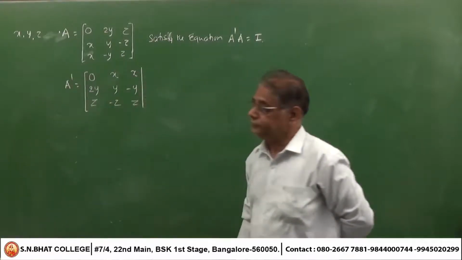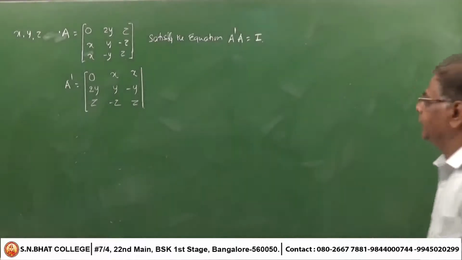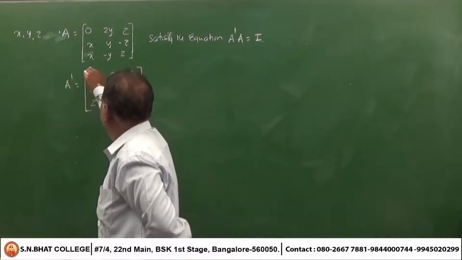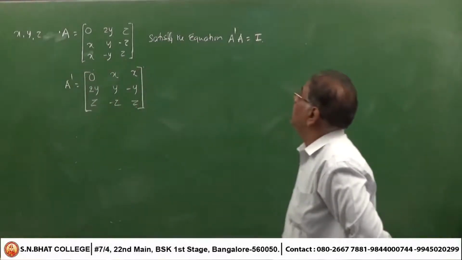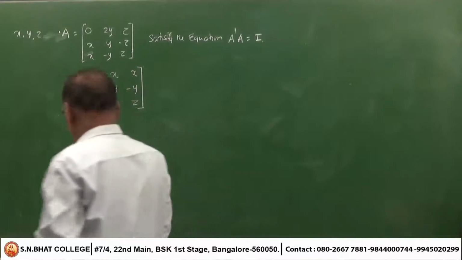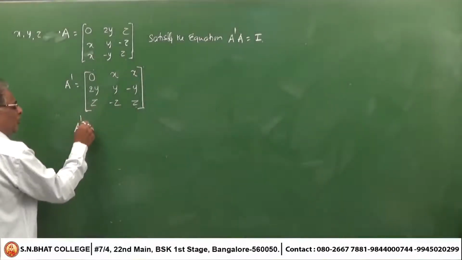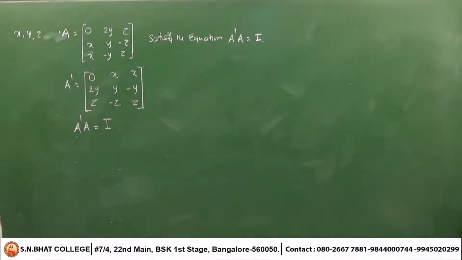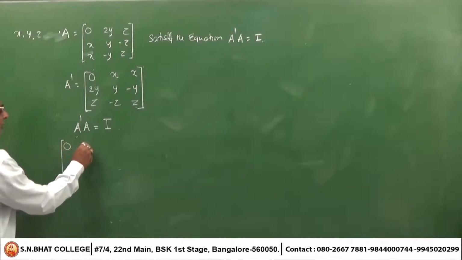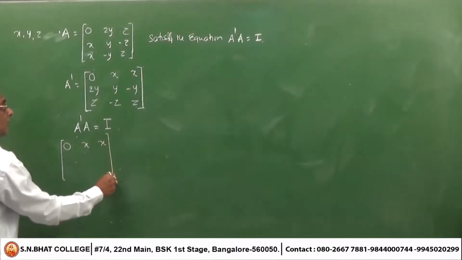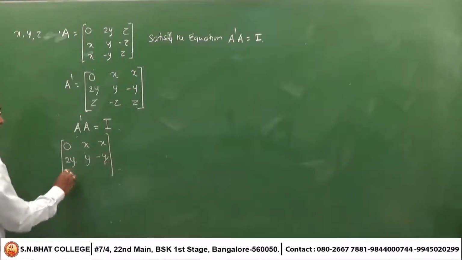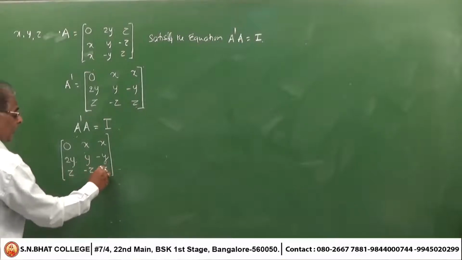It is a matrix. But a condition is given: A transpose into A is equal to I. A transpose is 0, x, x; 2y, y, minus y; z, minus z, z.